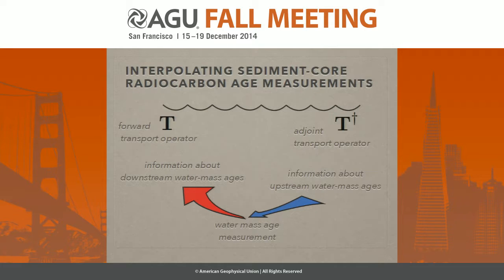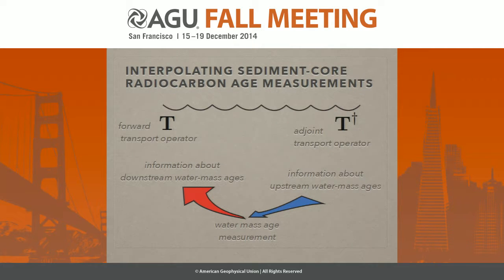All right. So it's kind of an interpolation problem that we have. We have these records of water mass age from the foraminifera. And now the question is, how do we extrapolate these sediment core measurements? They're very few, very sparse, and we'd like to say something relevant about the global ocean. If you think about one point, it's influenced by water upstream, so it has information about the different water parcels that have mixed upstream into this region.